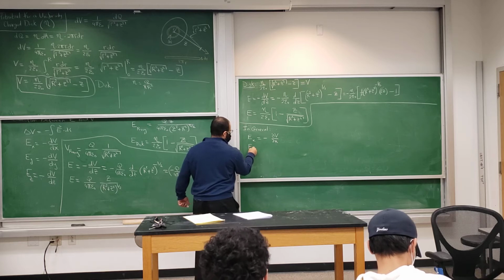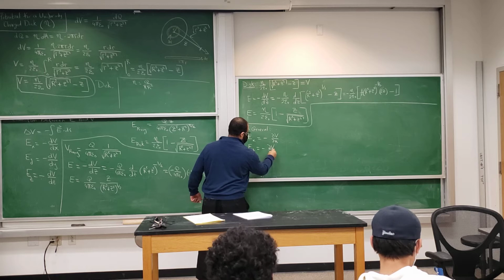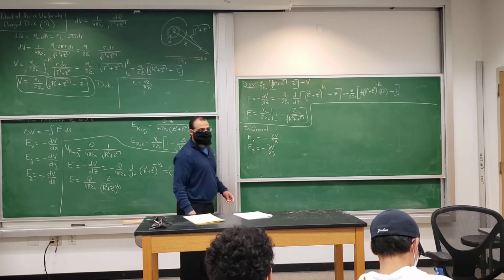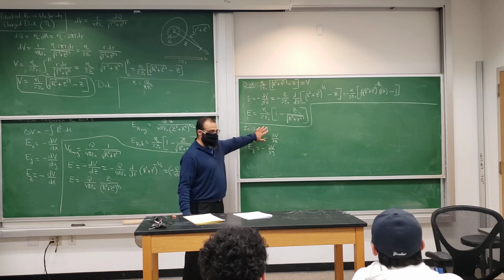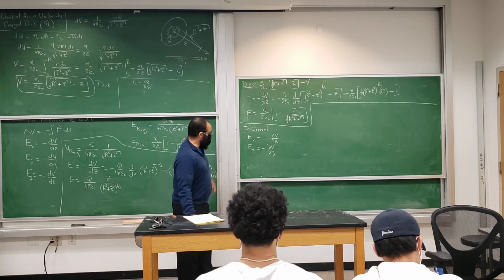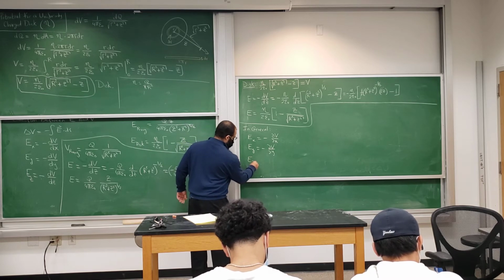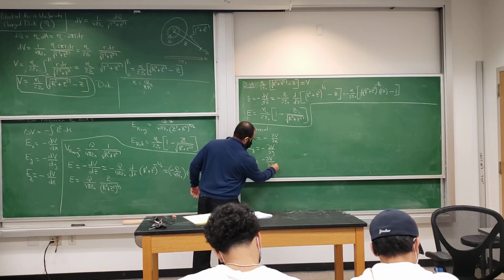The y component of the electric field will be minus dV dy. And this curly d means partial derivative, because you might have more than one variable. It means hold the other variables constant except for the one you're differentiating with respect to. And then the z component will be minus partial V partial z.